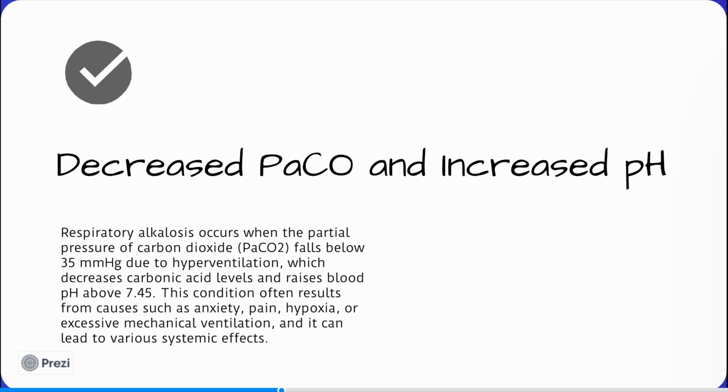Symptoms may include dizziness, lightheadedness, tingling in fingers or toes, palpitations, and sometimes tetany due to change in calcium binding. The kidneys compensate slowly by excreting bicarbonate to help normalize pH. Management focuses on addressing the underlying cause and, if needed, slowing the respiratory rate to restore CO2 levels to increase the acidic level in the body.